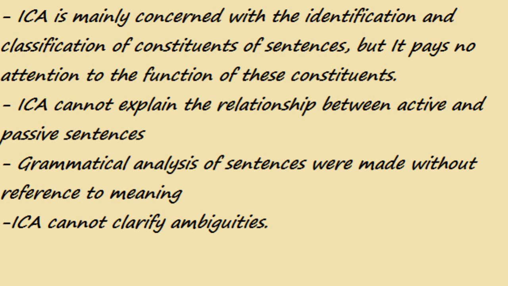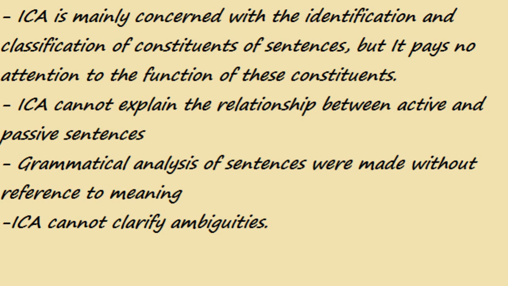What do we mean by ambiguity? Ambiguity is when you have a sentence that can be understood in different ways, that can be interpreted differently. If we give an example: the police were ordered to stop drinking about midnight. This is the example.